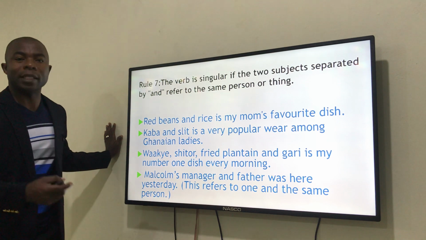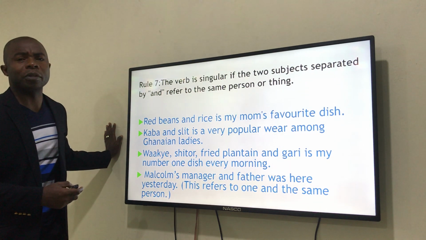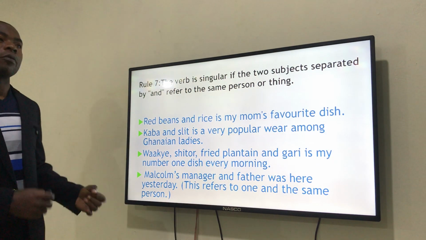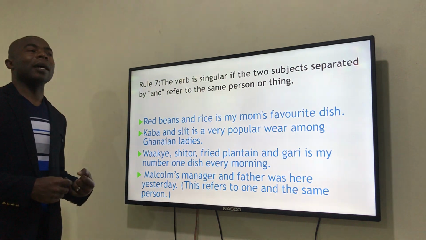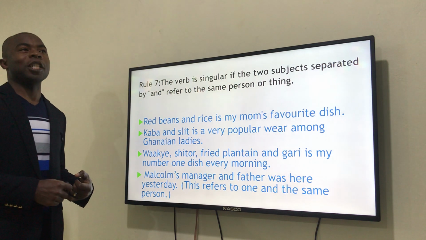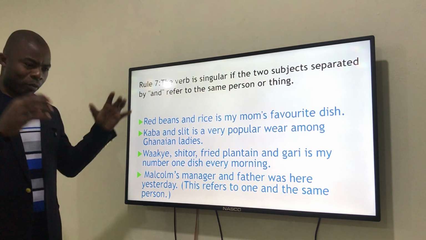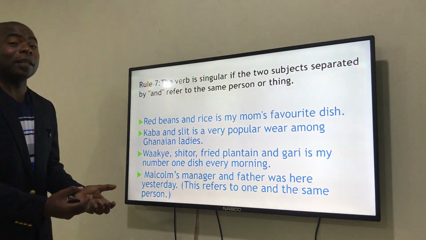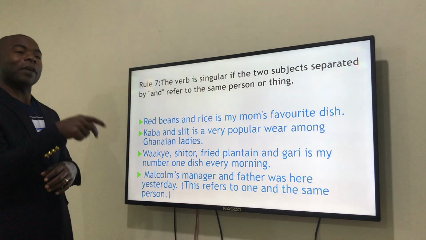So rice and beans is delicious. You don't say rice and beans are delicious. You can even say rice and beans and yam and stew and so on, and, but it is still is, because it's looked upon as one unit, referring to the same specific thing, food.